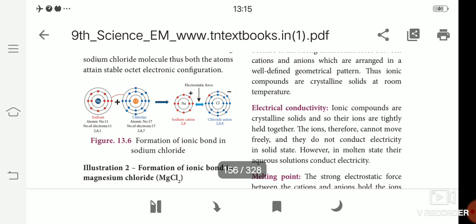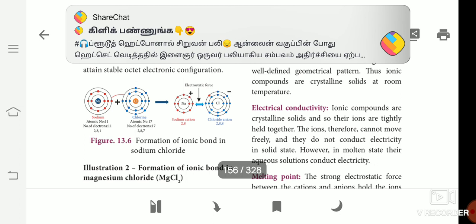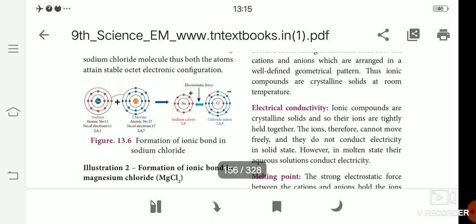So sodium has a tendency to lose one electron from its outermost shell. Sodium's outermost valence electron is 1, so that one electron is lost. Then sodium is nearest to the noble gas neon, atomic number 10, which has 8 electrons in the last shell and obeys the octet rule.